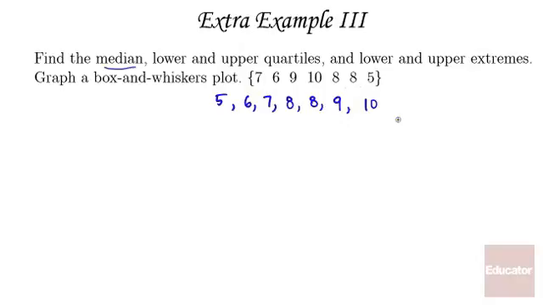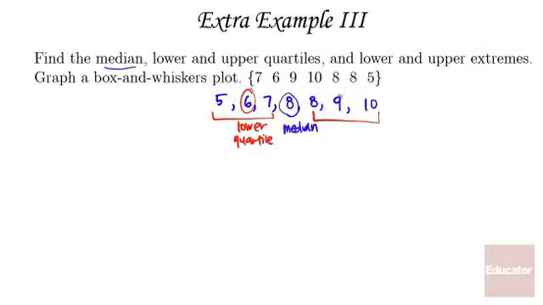Okay, and then I need to find my median. So let's see, my median will be this right here, right? This is the median. Okay, and then I want to find my quartiles. So then among these numbers, that'll be the lower quartile.